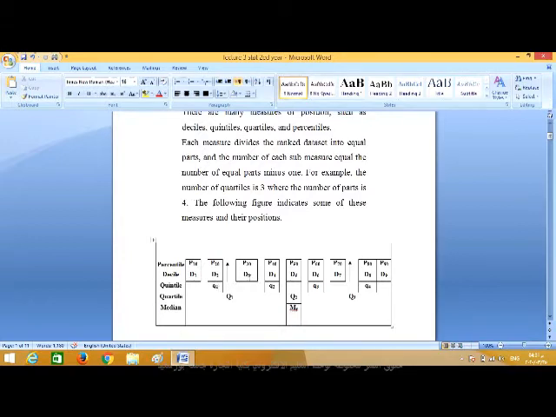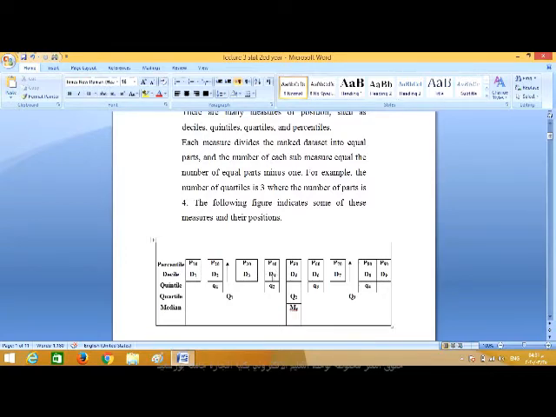D3, the third decile, divides the data into 2 parts, where 30% is smaller than and 70% is greater than.